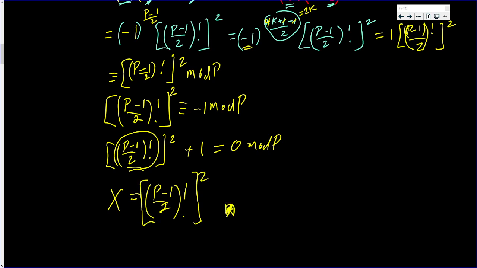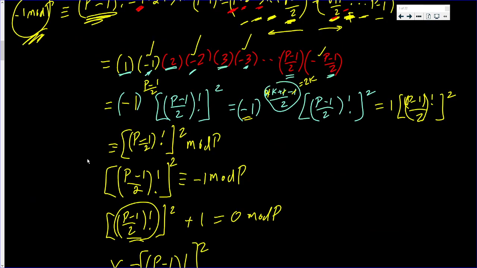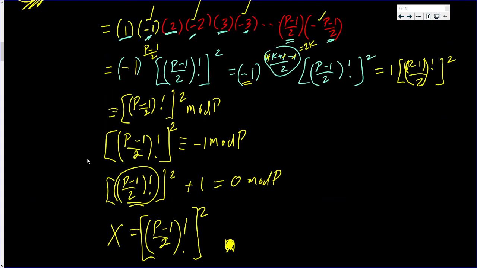That completes this proof. We found out if p is congruent to 1 mod 4, then the solution to something squared plus 1 is congruent to 0 mod p.